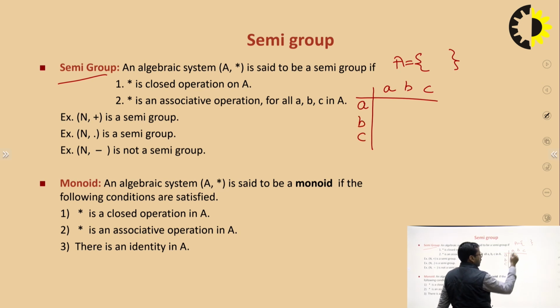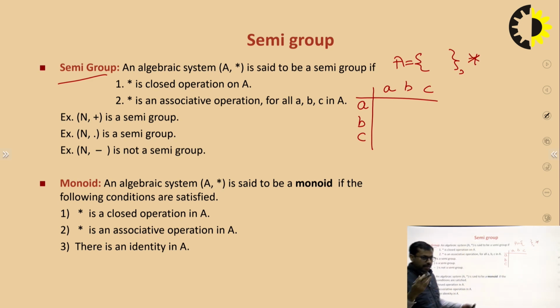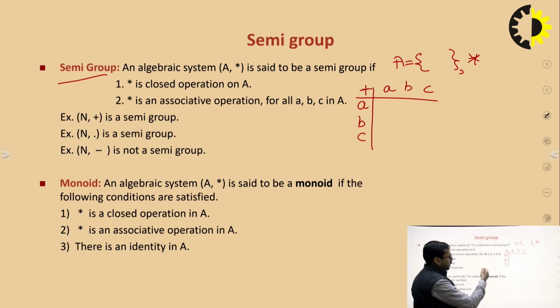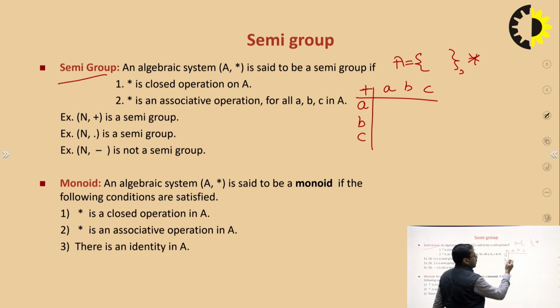So there is a binary operation star, it may be addition, multiplication, division or something else. Let's suppose it is the algebraic binary operation plus. After we execute it, let's suppose the resultant value is this one.